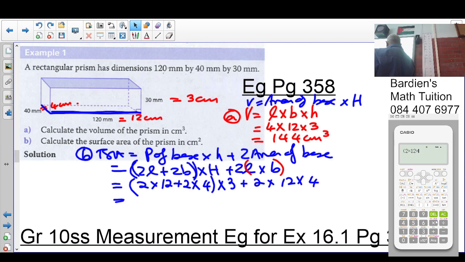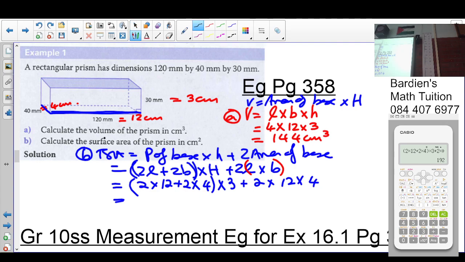Work it out, people. That gives me an answer of 192 centimeters squared.